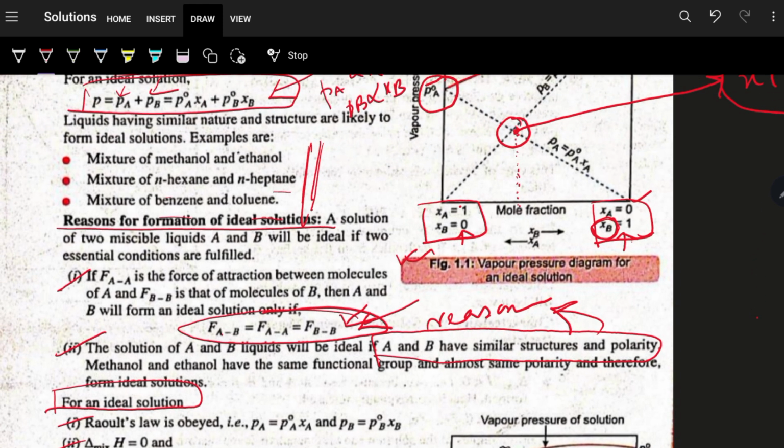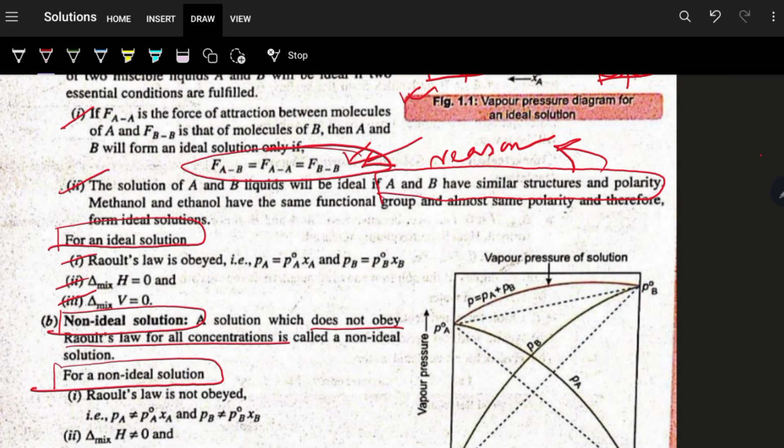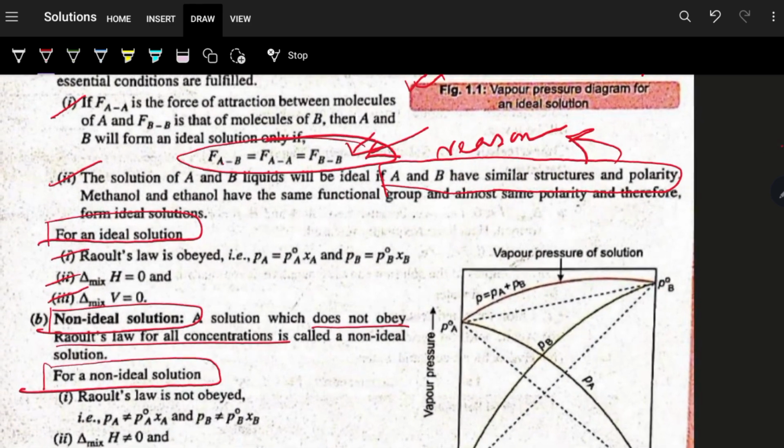See, when I talk about methanol, ethanol, both are alcohol. Not much difference in their molecular mass. N-hexane, N-heptane, both are alkanes. Not much difference in their molecular mass. So structure and polarity should be equivalent, should be similar. Then only it will obey Raoult's law, then only the forces of interaction will be similar.